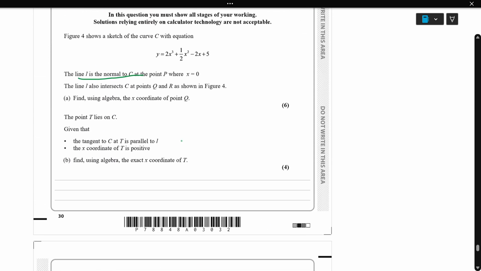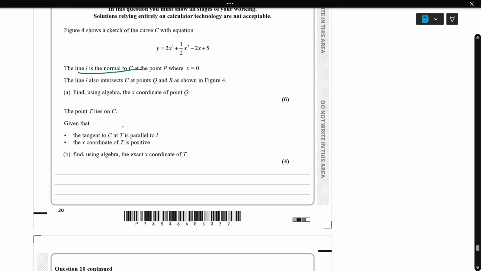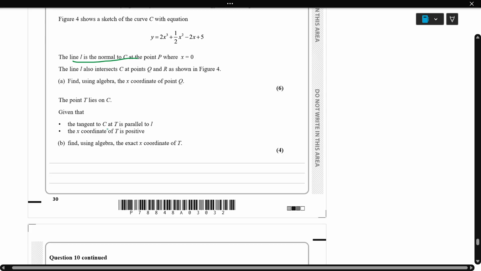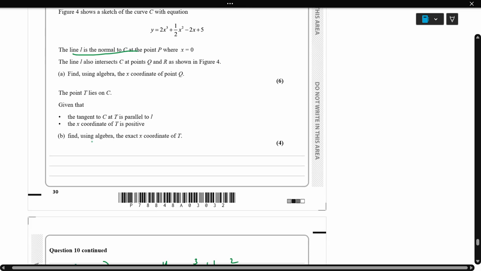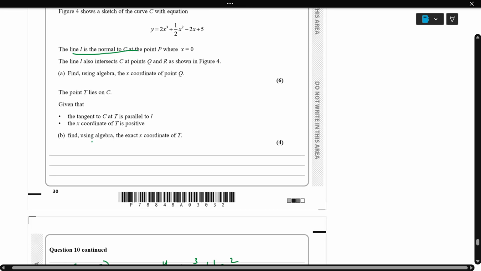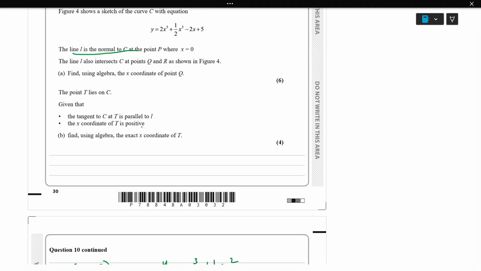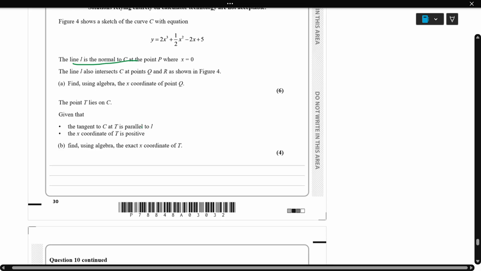Next, the point T lies on C, given that the tangent to C at T is parallel to L. So there is another point. We are taking parallel to L. The x coordinate of T is positive. So we find the x value using algebra.